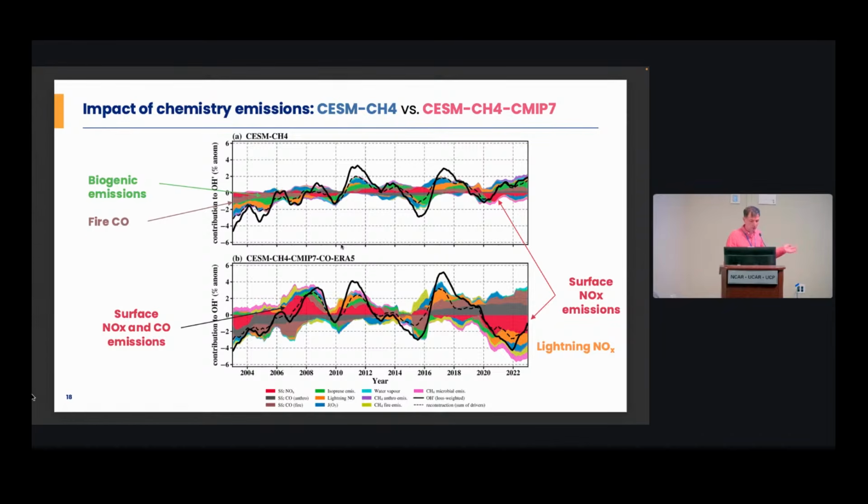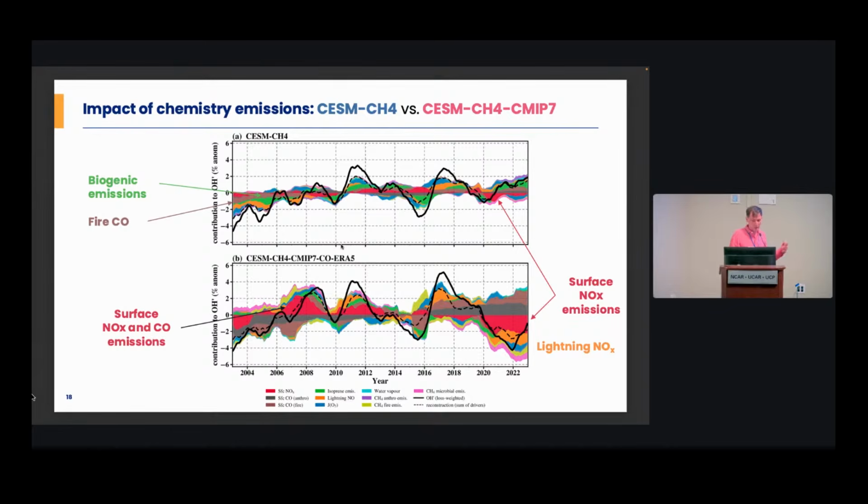You can see the NOx trends that differ in the beginning of the period are responsible for slightly different contributions, with NOx being more important in the CMIP7 simulation. The fire CO from FINN that is decreasing is causing an increase in OH over that period, with some contributions from biogenic emissions.